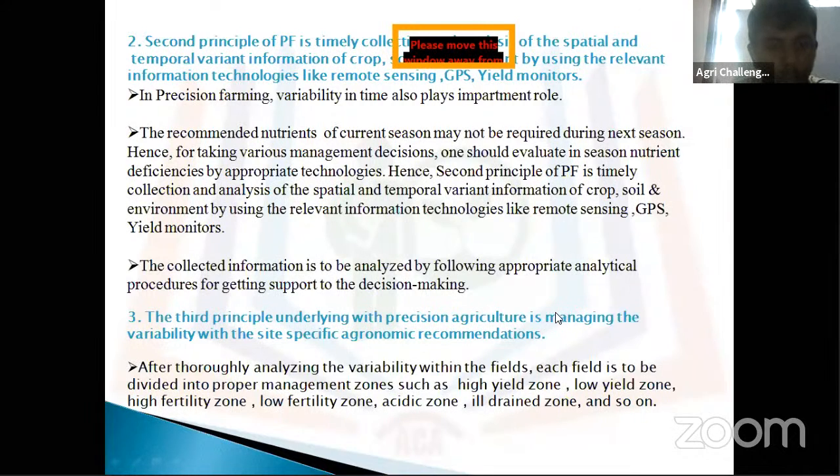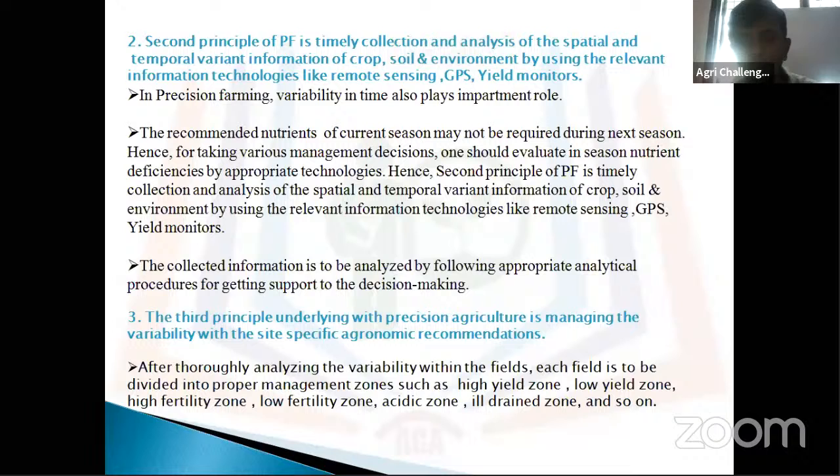The collected information is to be analyzed. You just collected and dumped it, it does not solve your purpose. Collected information you have to analyze, by following appropriate analytical procedures for getting support for decision making. For collection of the data, these are the technologies available. For analyzing the data, what is the technology?